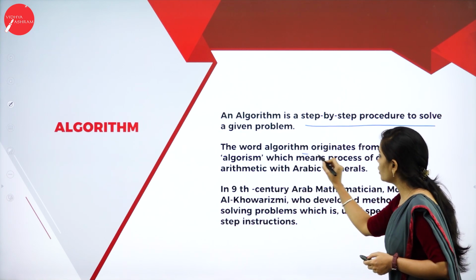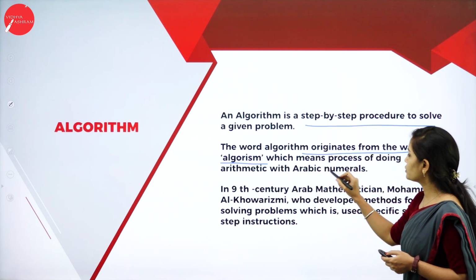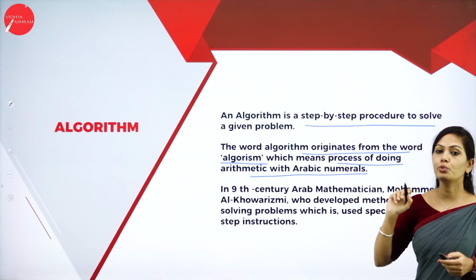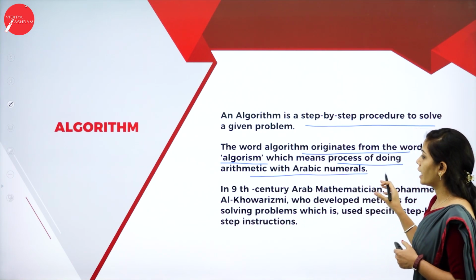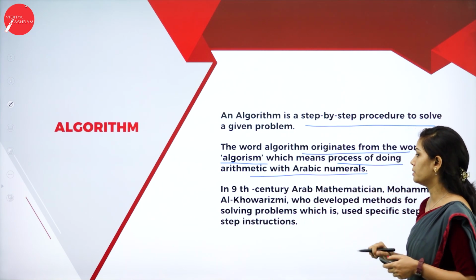The word algorithm originates from the word algorism, which means the process of doing arithmetic with Arabic numerals. So, the algorithm is a step-by-step procedure to solve a given problem.